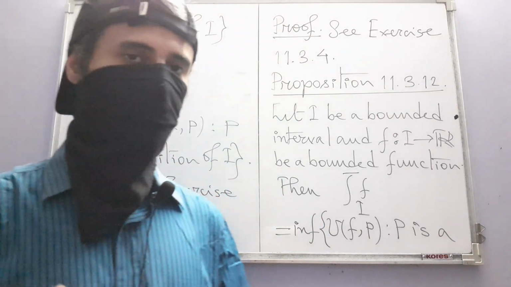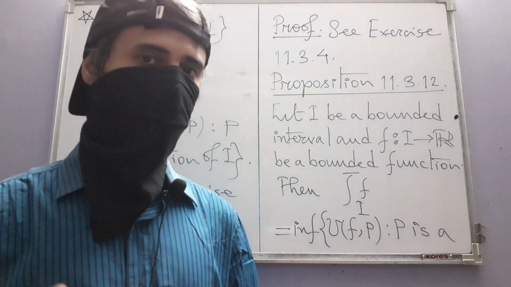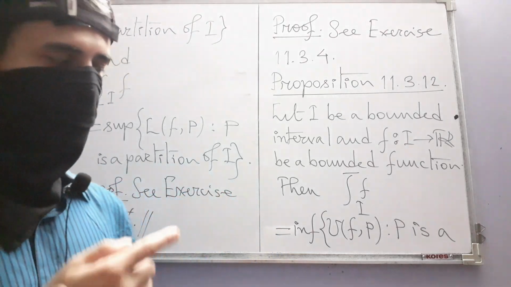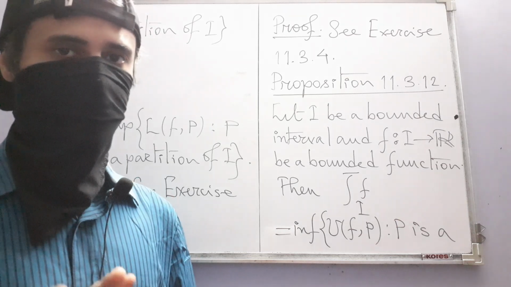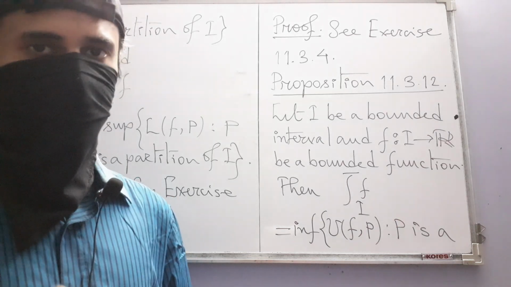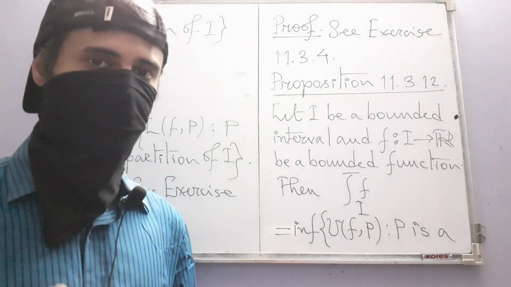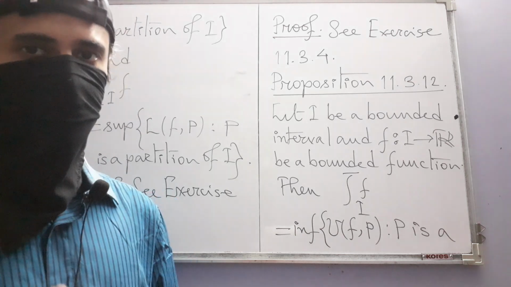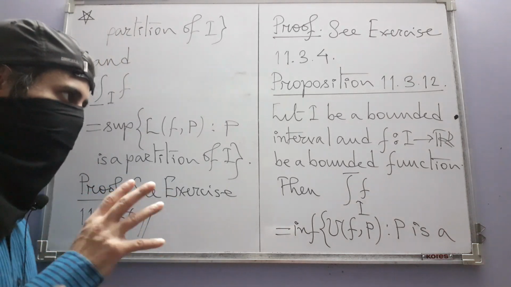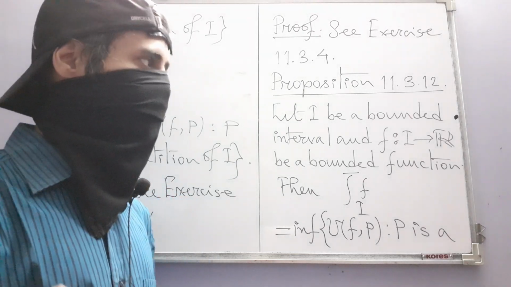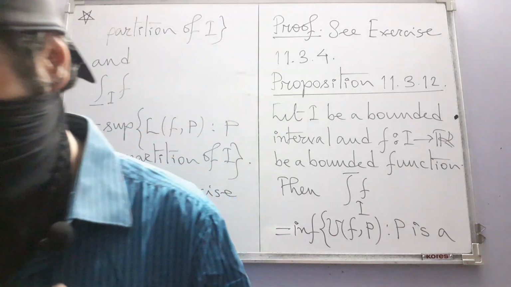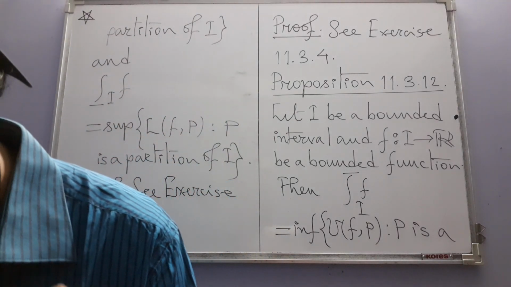And in the next section, we will come across the elementary properties of Riemann integrals. We have already proved such properties for piecewise constant functions. But in the next section, we are going to prove those same things for bounded functions in general, which are Riemann integrable. Okay, so that's just it for this video.